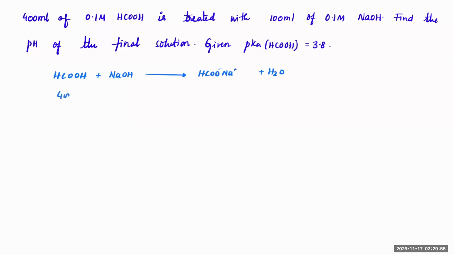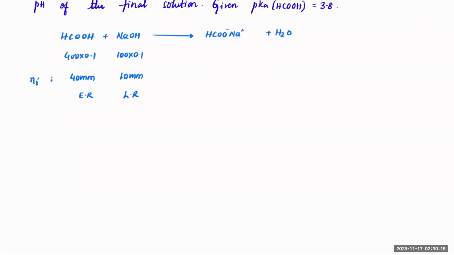And you have this as 400 into 0.1, which is millimoles, and 100 into 0.1 millimoles. So initially, how many moles do we have? Here we have 40 millimoles. Here we have 10 millimoles. So you can clearly notice that this is the limiting reagent, this is the excess reagent. Therefore, this 10 millimoles will be consumed.